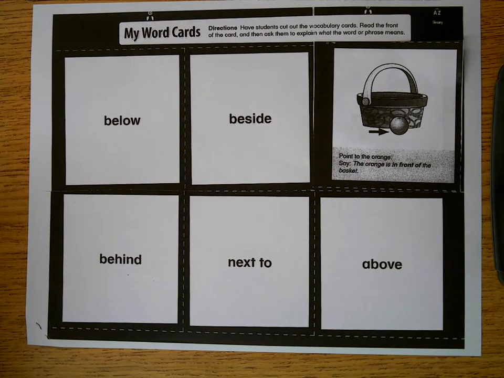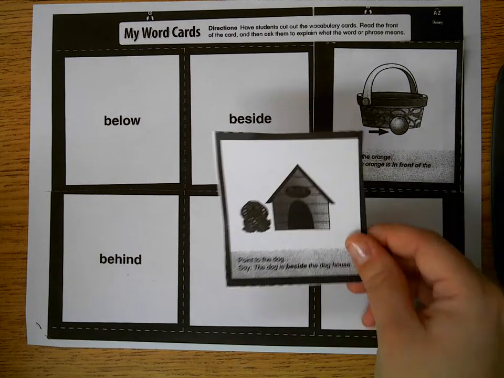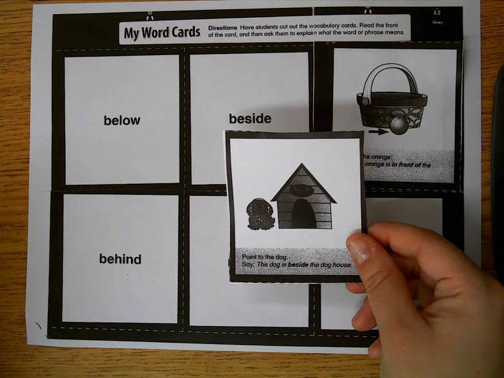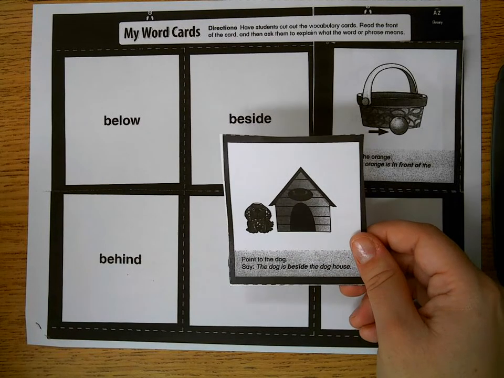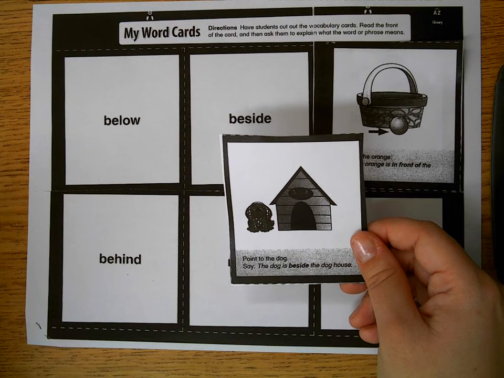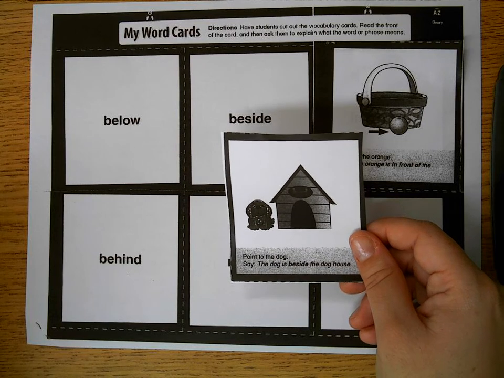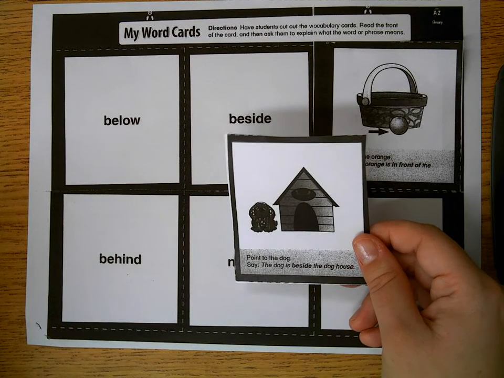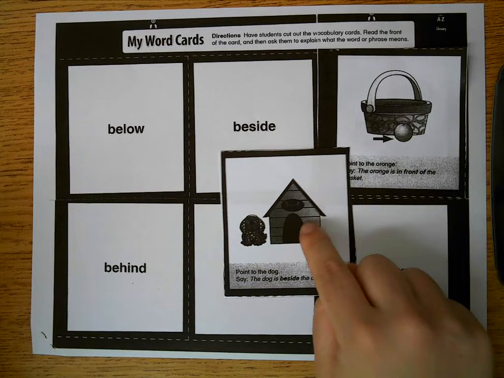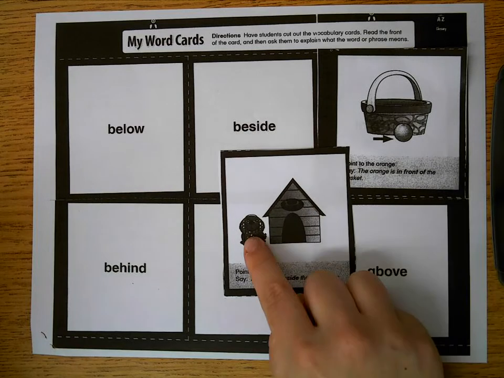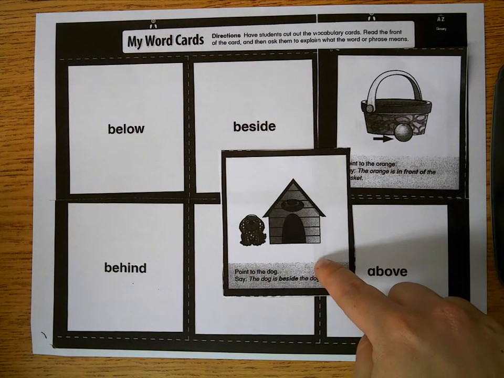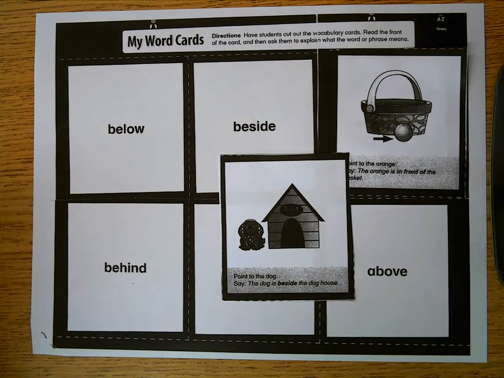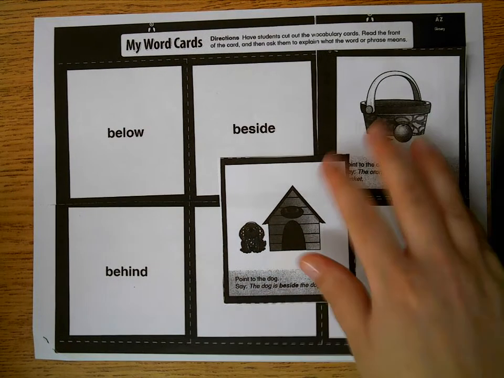All right, the next picture. See if you can find this one. Boys and girls, if you ever need to pause the video during this lesson, please feel free, because sometimes it's hard to find these pictures quickly. So you have a dog and a doghouse. Do you think the dog is below the doghouse? No. Do you think the dog is beside the doghouse? What about behind?